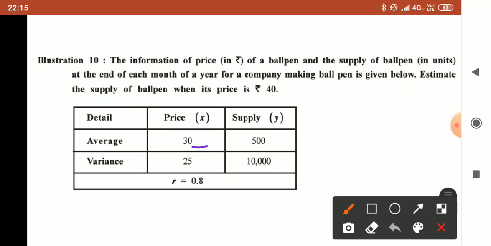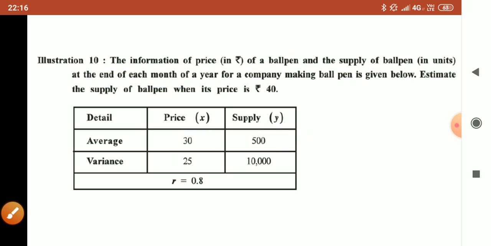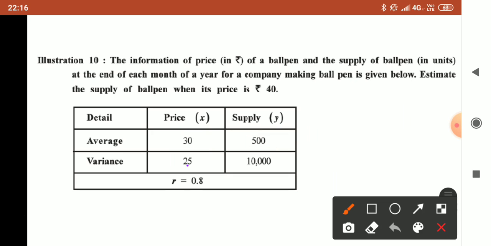Now x average, what do you mean by x average? That is x bar, which is equal to 30, you have been given. Now what is y bar? Which is equal to 500. Now what is variance? Variance means sx square.